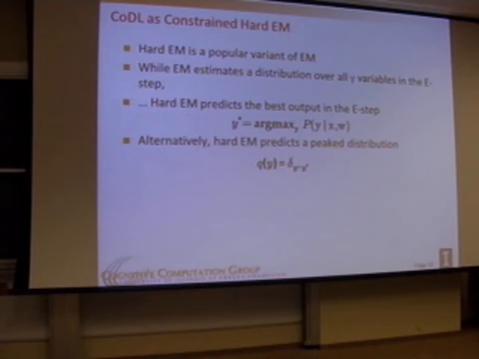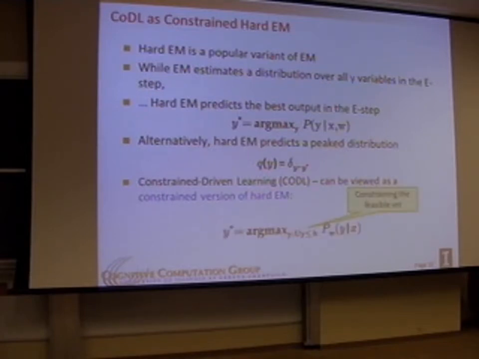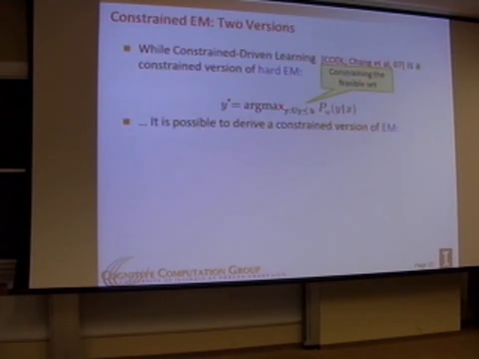You can also think about it as using a delta posterior and think about this as what hard EM is doing. And constraint-driven learning, CODEL, can be viewed as a constrained version of EM. Rather, we are basically doing hard EM where we are constraining the output to belong to this feasible set that we have.